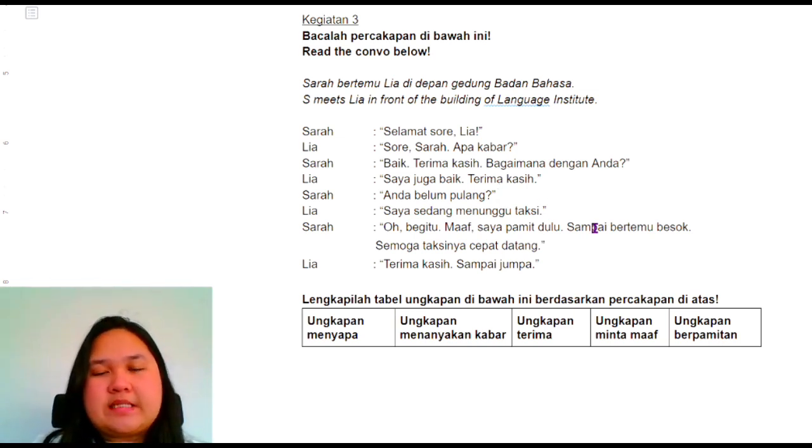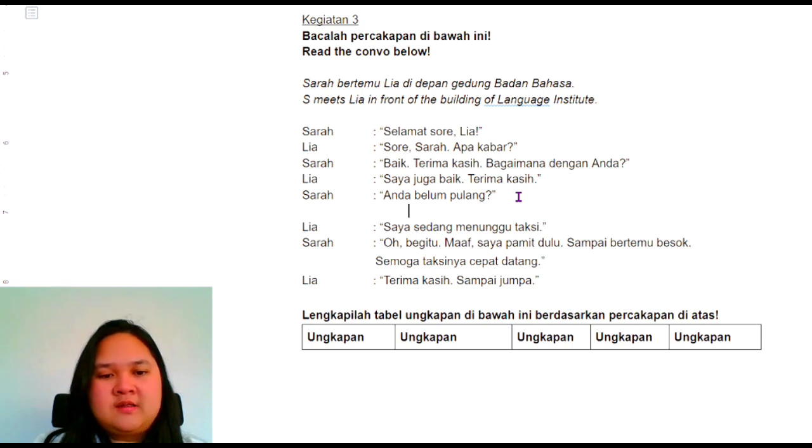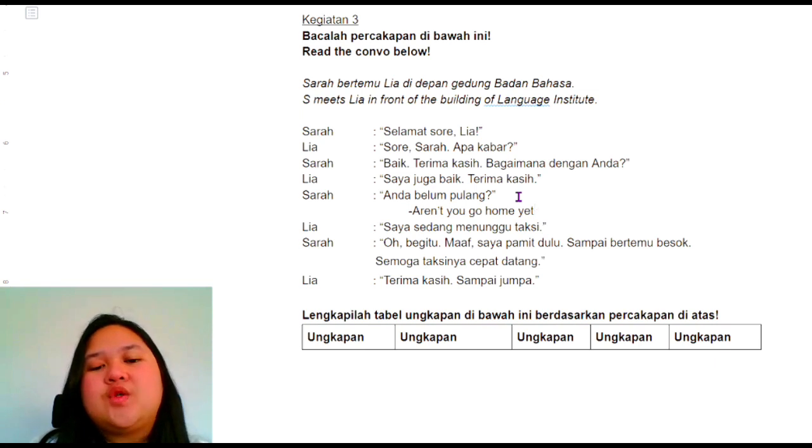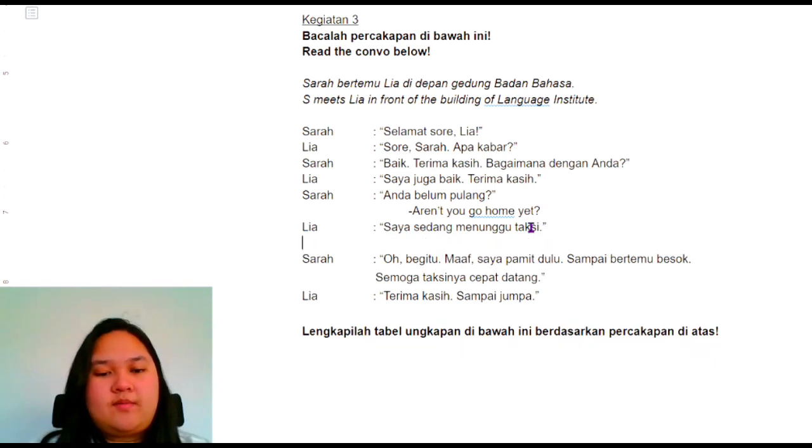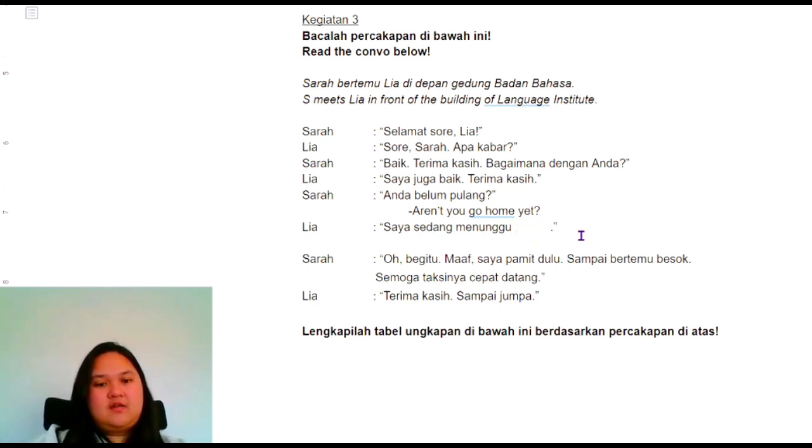Belum means not yet, and pulang is to go home. Aren't you going home yet? She said, saya sedang menunggu taksi. Taxi is the same in English, taxi. Taxi in Indonesian.